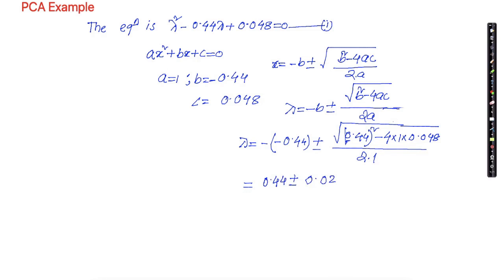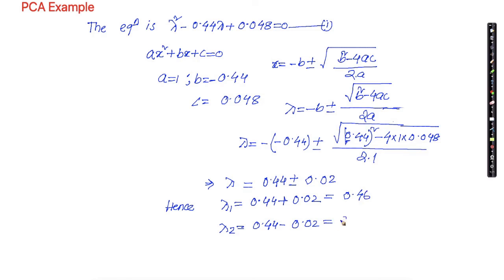So lambda equals 0.44 plus or minus 0.02. Hence, the first eigenvalue is lambda 1 equals 0.44 plus 0.02, and the second eigenvalue is lambda 2 equals 0.44 minus 0.02. This equals 0.46, and this equals 0.42.